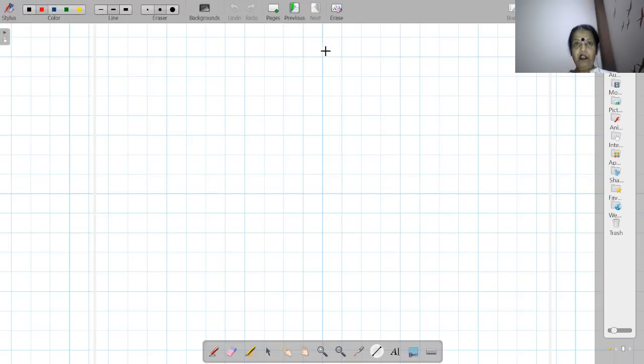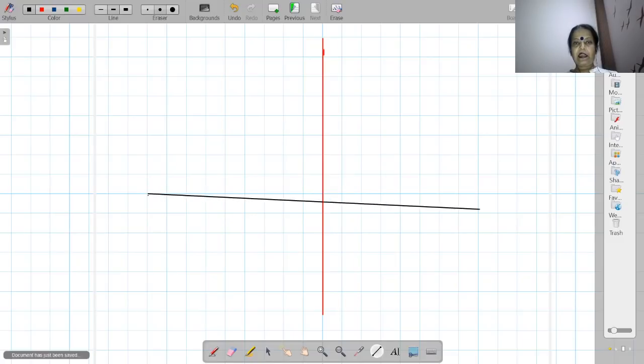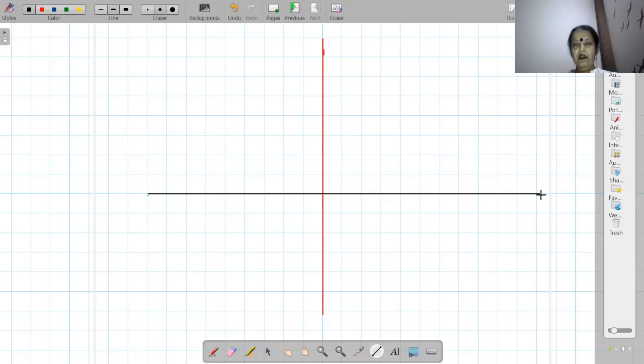While plotting the values on the graph, this is y-axis and this is x-axis, and I have to plot the values over here.